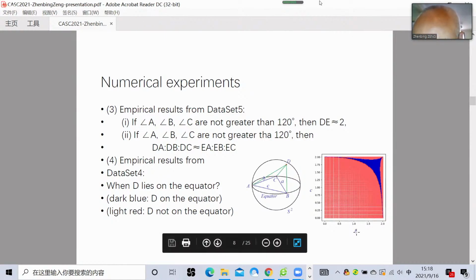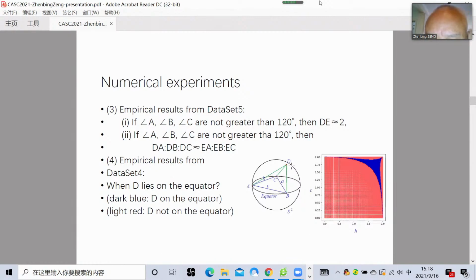If B and C are in this red area, then this maximum point is on the equator. If B and C are in this dark blue area, then the point D is on this equator.